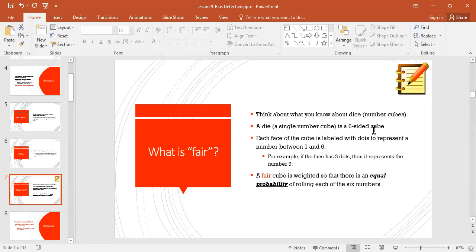A fair cube is weighted so that there is an equal probability of rolling each of the 6 numbers. So dice makers have to be really careful with how they make their dice so that it is balanced, and has an equal probability of landing on whatever side. It's not more weighted on one side or one corner of the die than another.